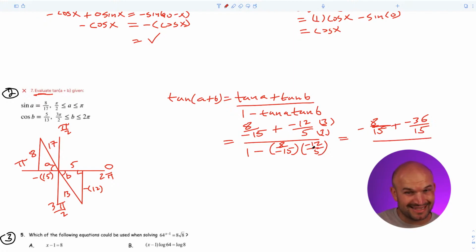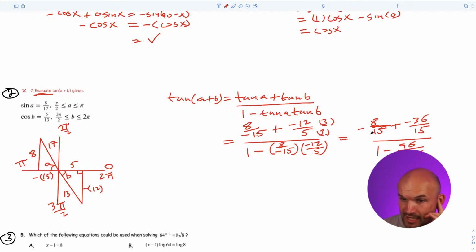Then if I multiply these, that's 96 over 75. Negative times negative is a positive, so that's going to be 1 minus 96 over 75.